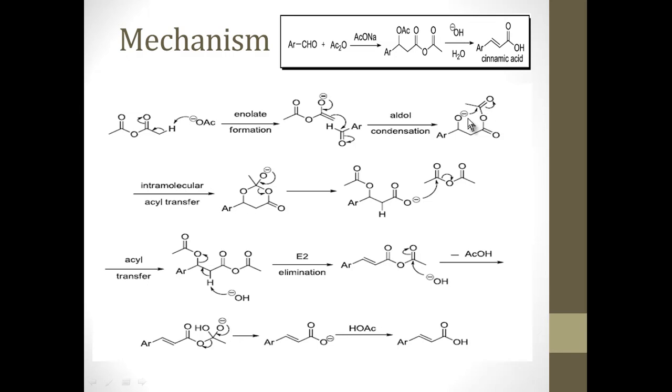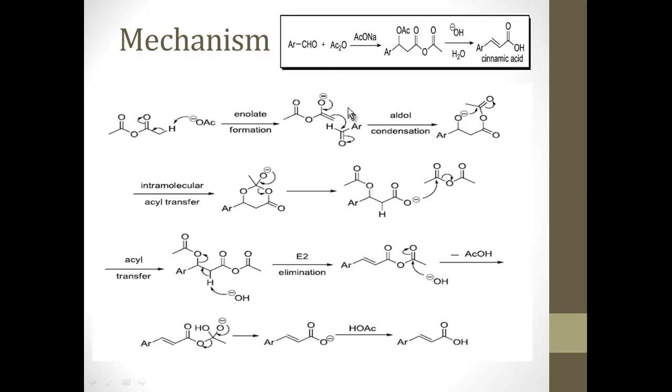To occur this, first this electron will form one bond here, and this electron will be taken up by this oxygen, so ultimately we are getting a cyclic intermediate product. Next, this oxygen electron will come here, and this one will come here, so this bond will be broken, and ultimately this CH3CO acyl group is coming here.